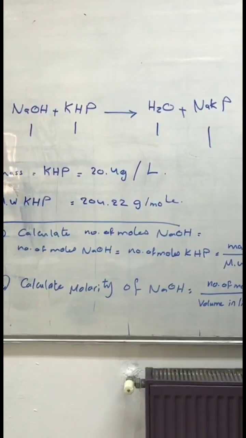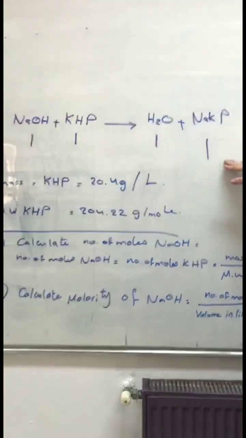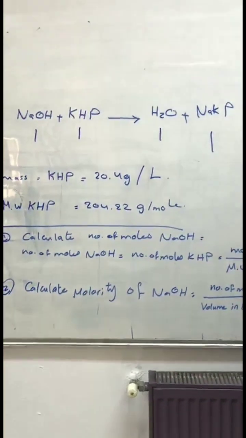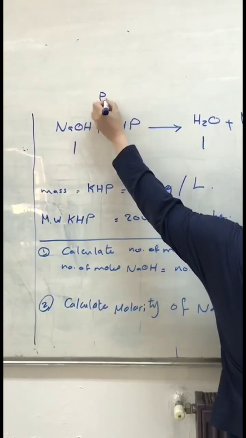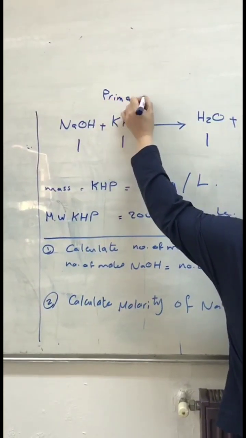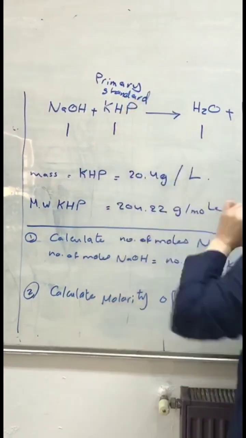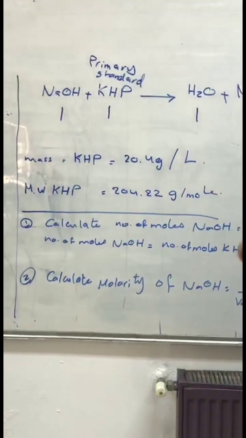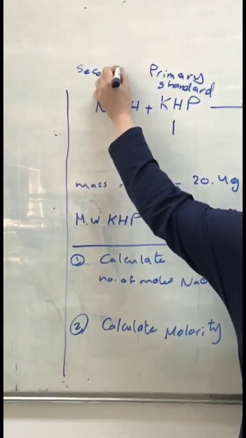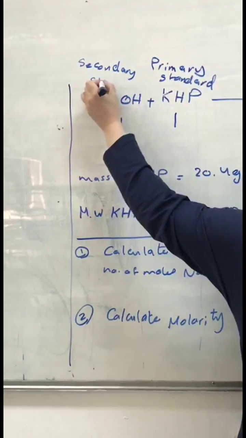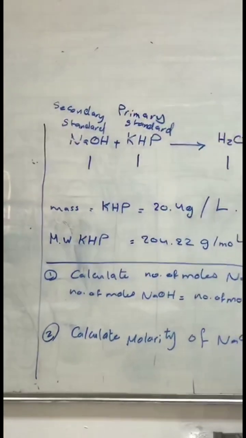Okay. To discuss this chemical equation, we have 2 points. KHP is our primary standard, and NaOH is our secondary standard. What does that mean?